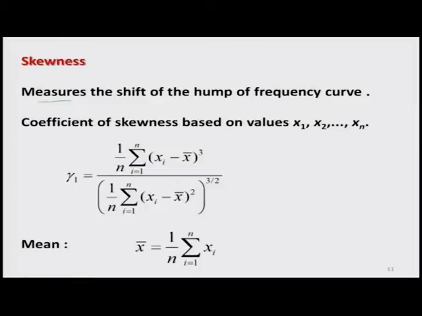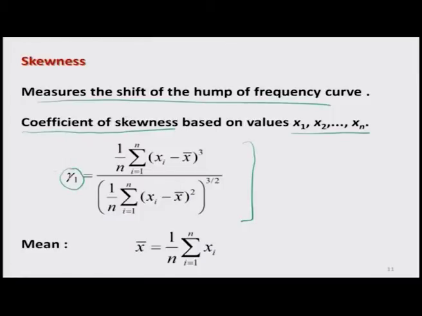So, first we come to skewness. This coefficient of skewness measures the shift of the hump of frequency curve, either on the left hand side or on the right hand side. Suppose we have some data values x1, x2, up to xn, then the coefficient of skewness is defined like this, and this is usually denoted by gamma 1. It is a very simple thing.